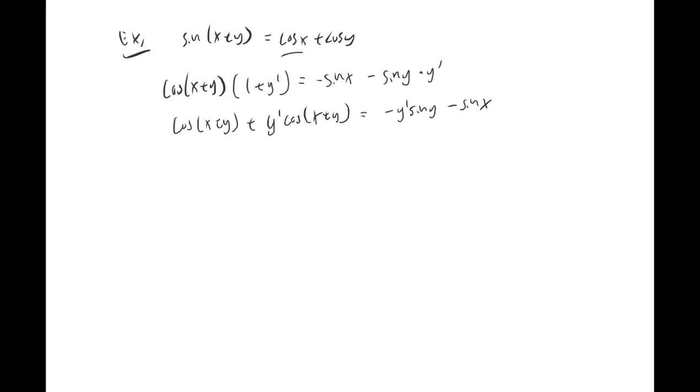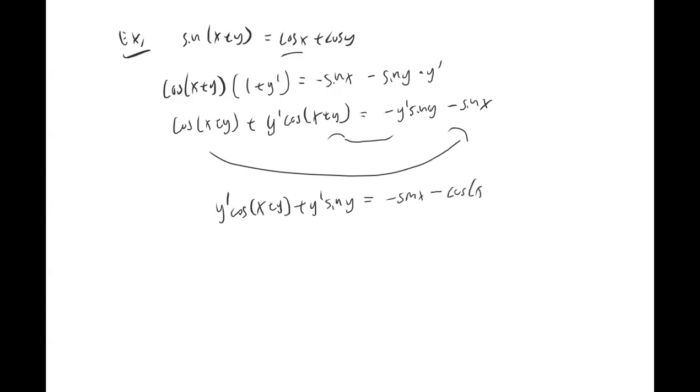So let's move this to this side, this to this side. So y prime cosine of x plus y prime sine y equals negative sine x minus cosine of x plus y. And then you're done. You just factor it out.